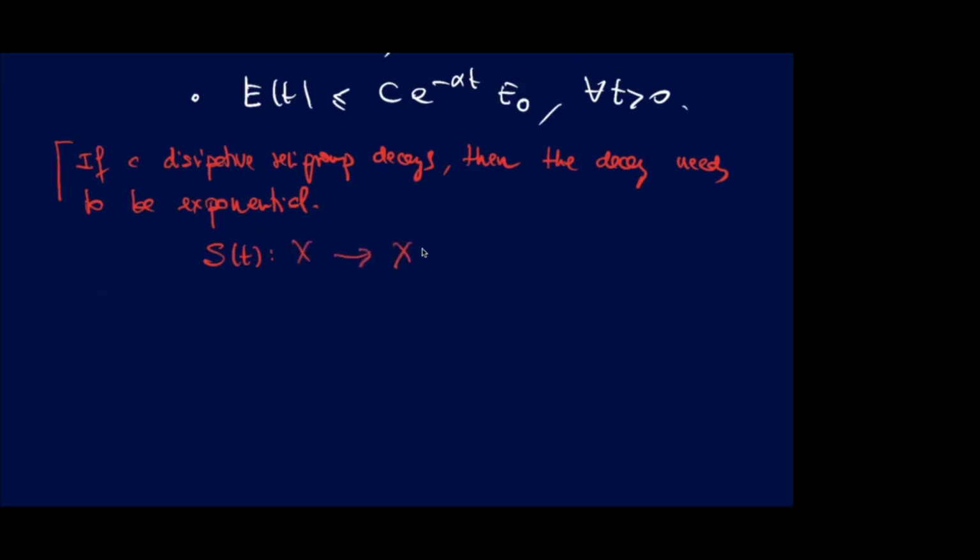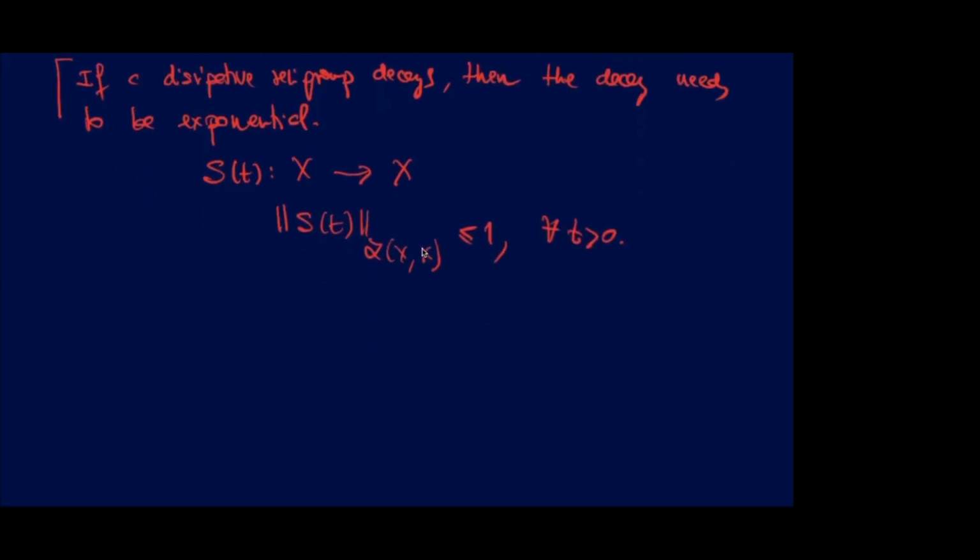Let me consider a semigroup which is dissipative. What does it mean for the semigroup to be dissipative? It means that the norm of the semigroup for every t, as a linear map from the Banach or the Hilbert space capital X, where it is defined, into itself, is less than or equal to 1.